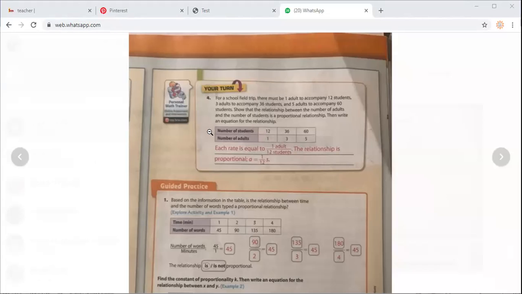We found that every time the ratio equals 1 over 12, which means it is proportional and we have a constant value equal to 1 over 12.